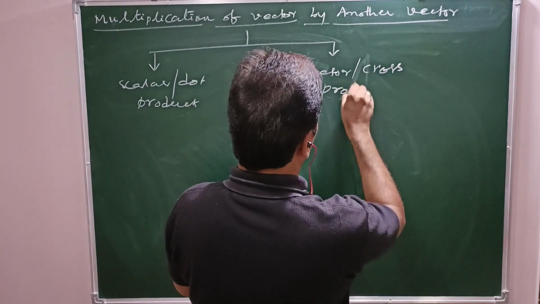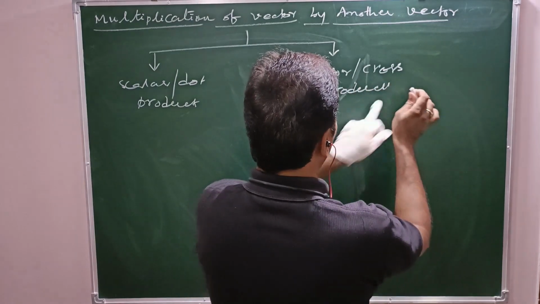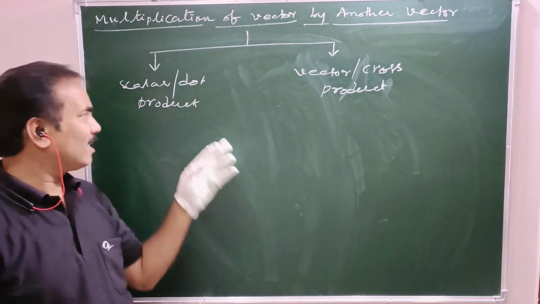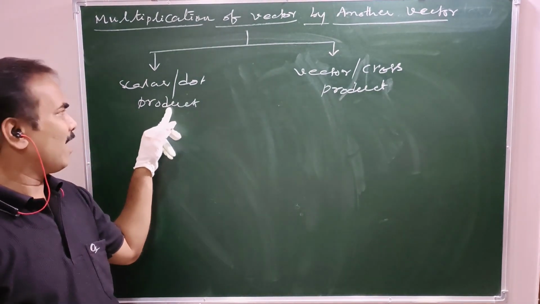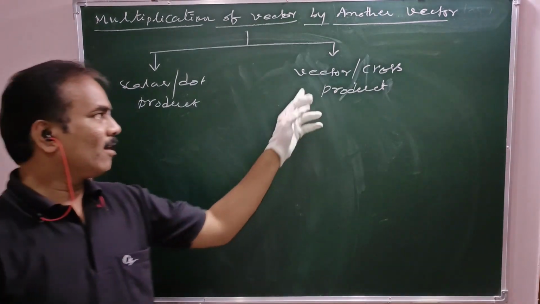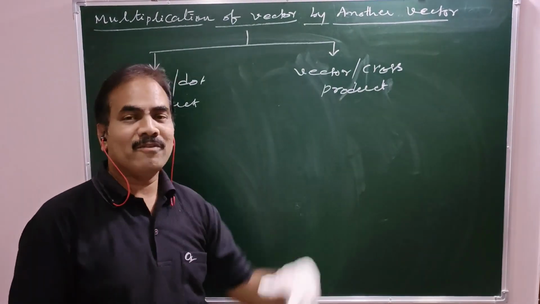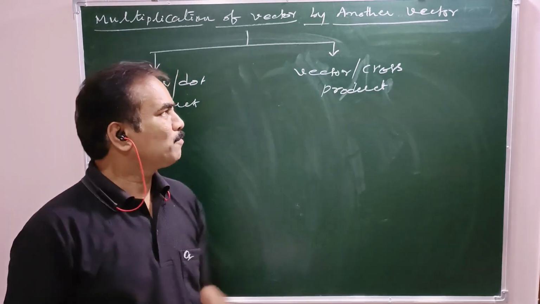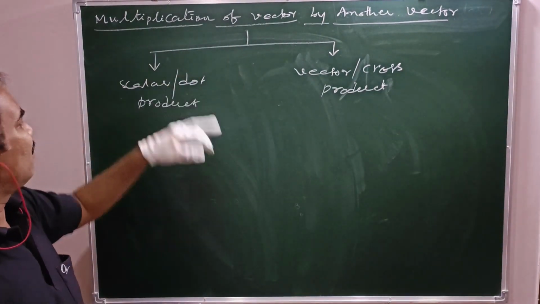So if given vectors are multiplied such that the result is a scalar, then that kind of multiplication is said to be scalar or dot product. If at all the resultant is again a new vector, that kind of multiplication is said to be vector or cross product. Now let us see scalar or dot product.